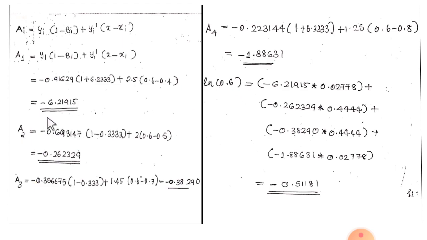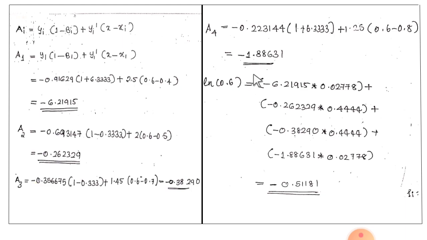If you have to find the value for a2, the equation turns out to be y2 into (1 minus b2) plus y2 dash into (x minus x2). So substitute the values and find a2, then a3 and a4. Next you have to find the value for ln of 0.6, is it?